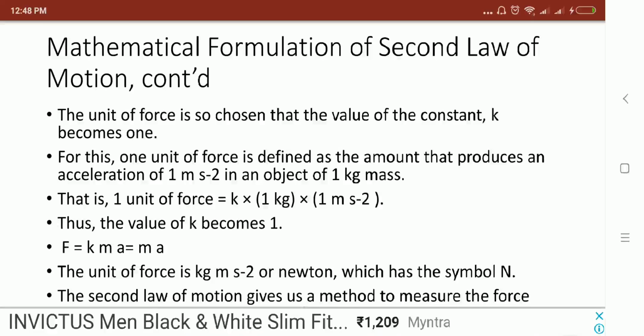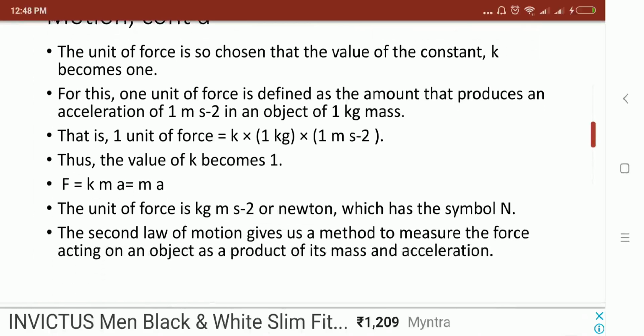To get the constant k as 1, we should have 1 kilogram mass, and acceleration should be 1 meter per second square. To get 1 unit of force, k becomes 1. So if we keep each value as unity, then my force F becomes ma.